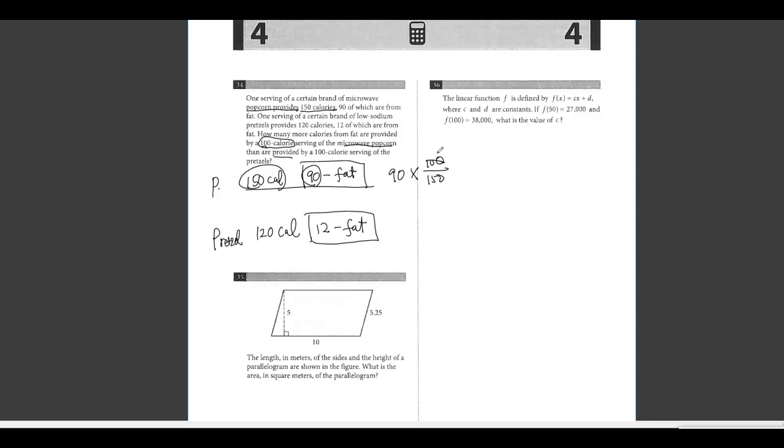So when this is a 2 and this is a 3, it's going to be 60 calories from fat. Okay. Now take this 100. We take only 100 calories over here. So 12 times 100 calories out of about 120 calories, right? Okay. This is how much? 12 cancels. This is 10 calories. The difference of this is about 50, that is the answer.